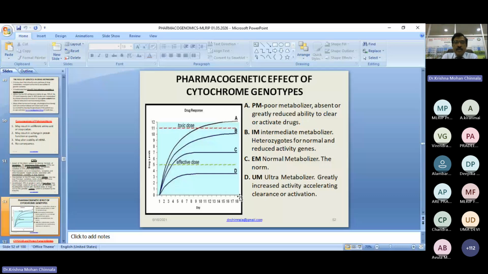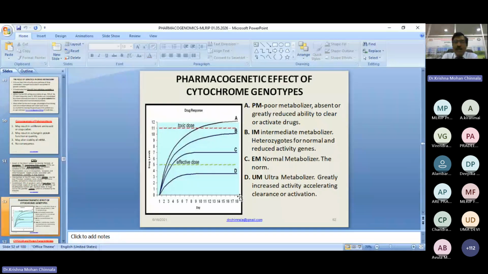Then normal metabolizers. It is normal and lies between the minimum effective concentration and minimum toxic concentration in the therapeutic window and gives the normal effect. And ultra metabolizers, we already discussed. The concentration of the drug may be reduced for pharmacological action. Greatly increased activity, accelerating clearance or activation.